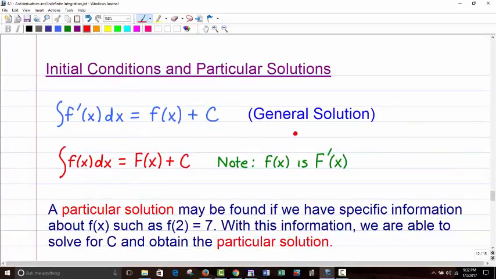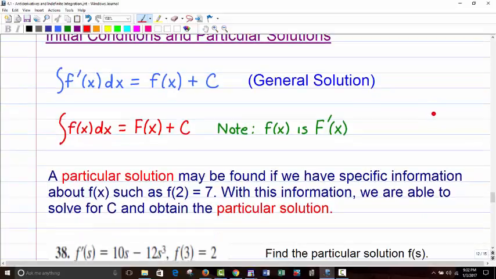We call it the general solution when you have the plus c. Now, a particular solution is where the problem gives you some extra information, and that enables us to determine a value for c. Hence, it's called particular solution because it only works under a particular instance.